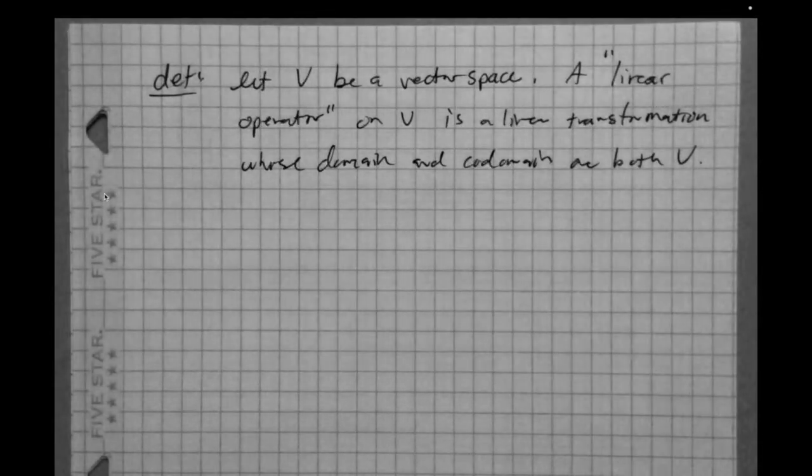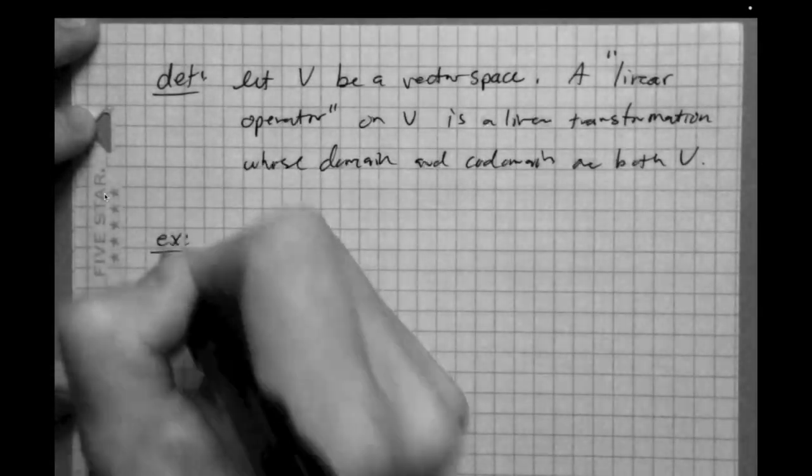So a linear operator is a special case of a linear transformation where the vector space you're starting in is the same as the vector space you're ending in. That's called a linear operator. There are a couple of trivial examples that we should talk about just for the terminology.